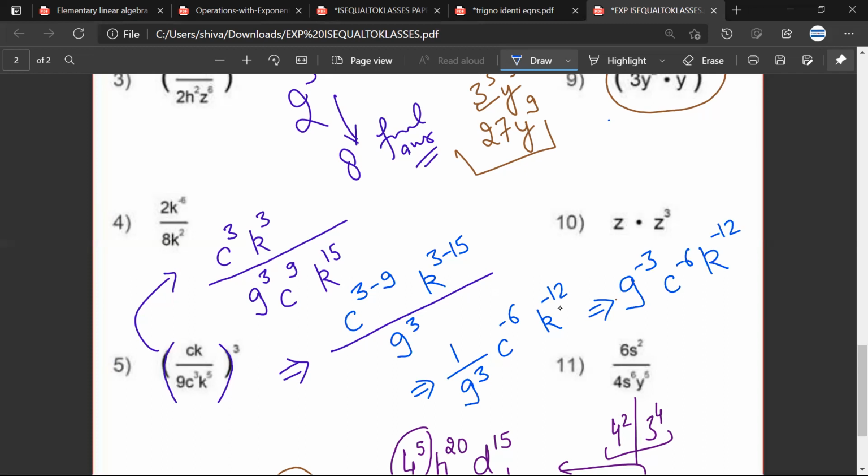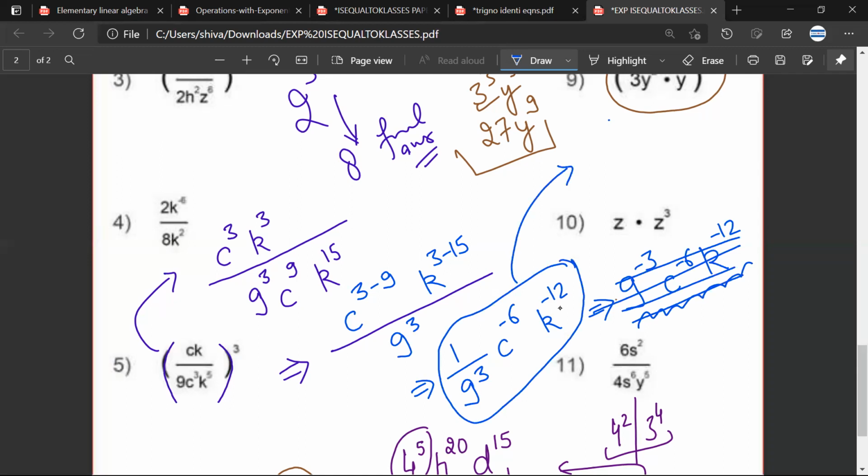Mr. Satya, any doubt? Sarthak, any doubt? No, sir. Sarthak, you can write the answer like this also. No need of writing like this. Have you understood? Yes, sir. And the final answer, you can write it as 729 c raised to power minus 6 and k raised to power minus 12.